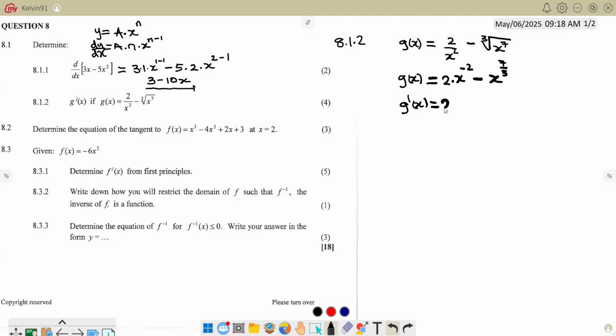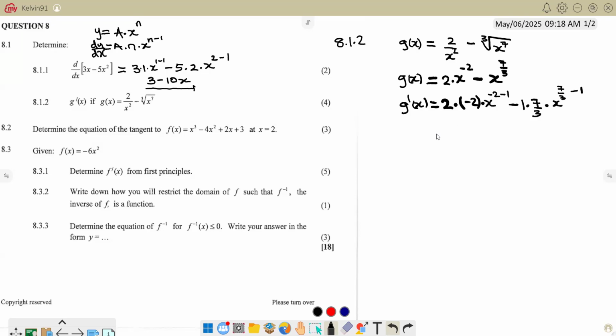So our coefficient, which is 2, multiplied by the power, in this case the power is -2, and then x to the power -2 minus 1, minus the coefficient here, which is 1. So it's going to be -1 multiplied by the power, which is 7 over 3, multiplied by x to the power 7 over 3 minus 1.